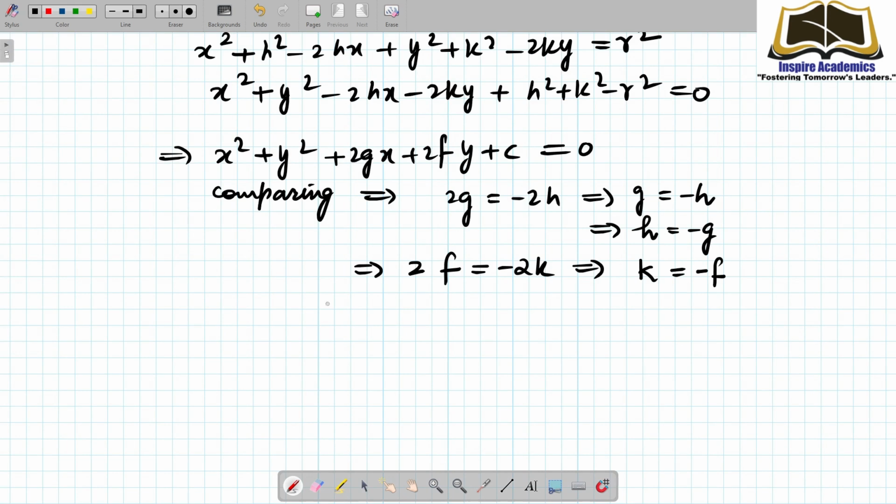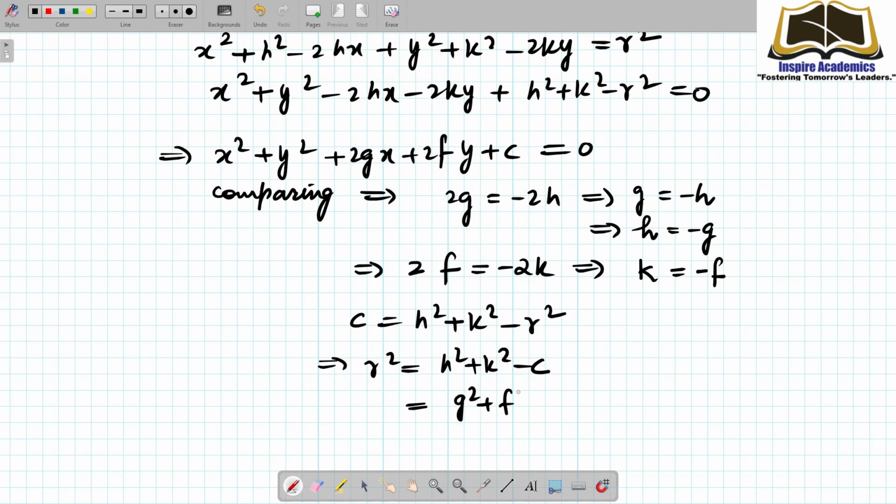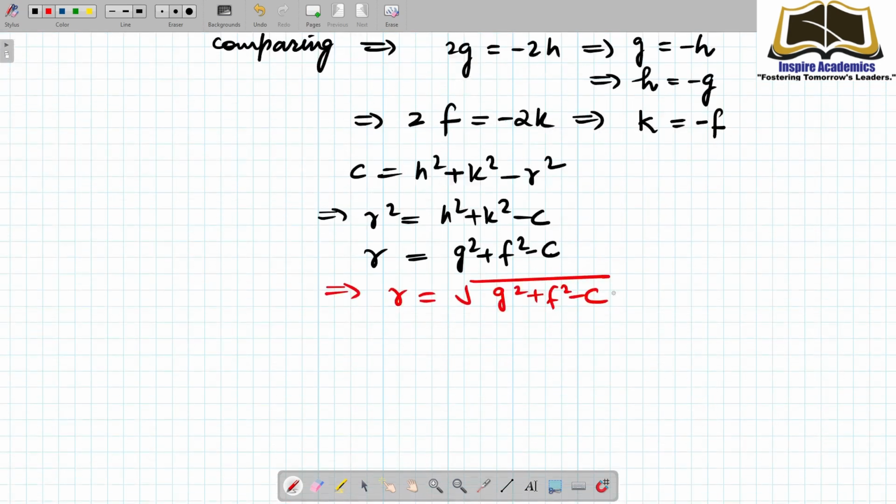Also c is equal to h square plus k square minus r square, which means r square equal to h square plus k square minus c, which is g square plus f square minus c. So what is the final value of r here? r is square root of g square plus f square minus c. Do we get it?